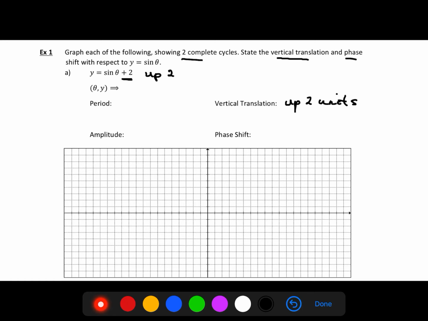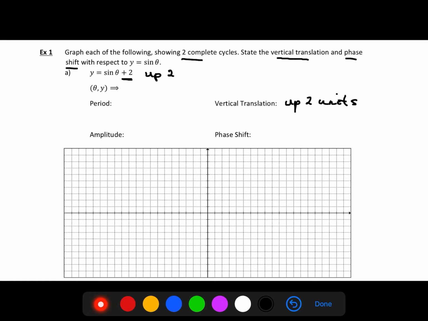The other one we're going to talk about, and you're going to hear a fair bit, is phase shift. Phase shift is our left or right. When we talk about the phase of a periodic function, we're talking about the horizontal axis, our theta or our x-axis. So how has it shifted left or right?